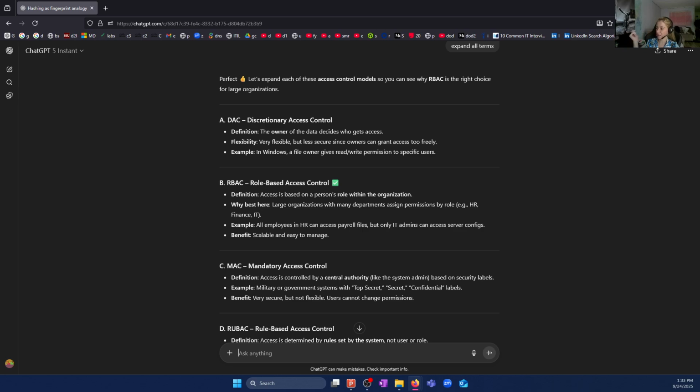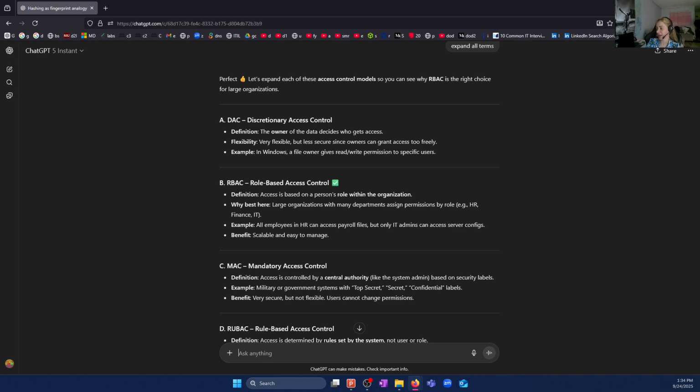Role-based: access is based on a person's role, but it's not based on data. Large organizations with many departments assign permissions by role, right? All employees in HR can access payroll files, but only IT admins can access server configs.